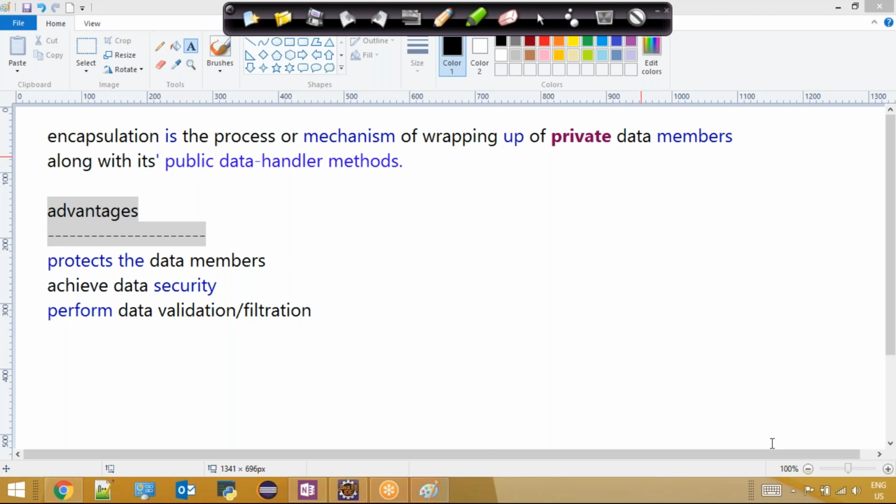Once I teach the object-oriented concept called abstraction, then I will be left with a very important concept called collection framework. I think from Tuesday we should be able to start with collection framework.